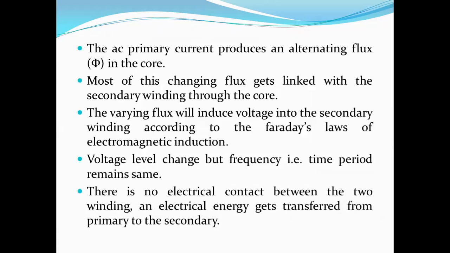The AC primary current produces an alternating flux, denoted by phi, with units of Webers, in the core. Most of this changing flux gets linked with the secondary winding through the magnetic core.